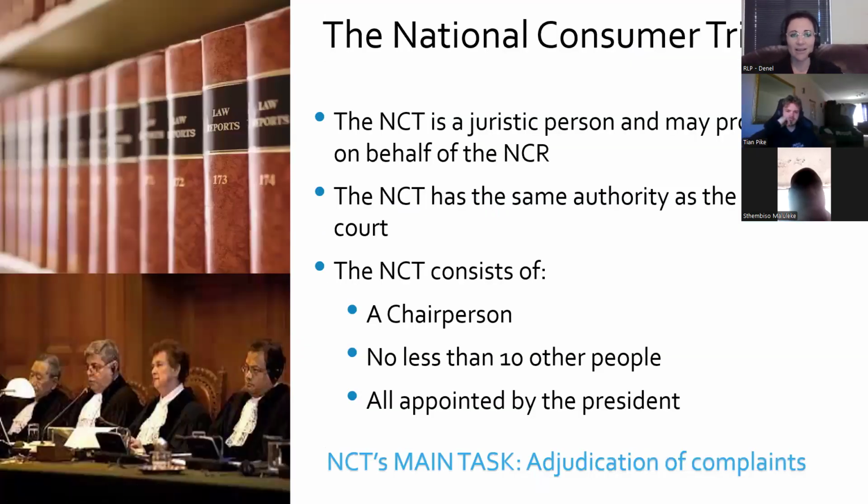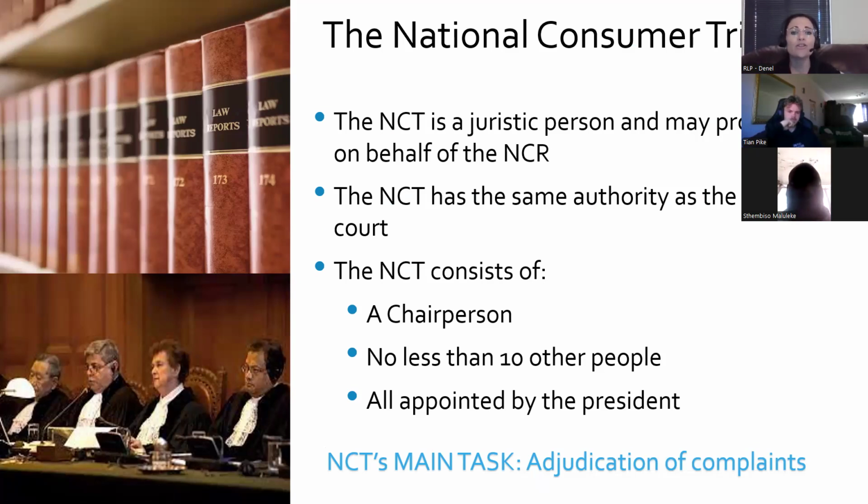So you guys heard about the NCT. We said earlier on that if someone breaks the law, it's reported to the policeman, the NCR, and then the NCR investigates. And if they see there's actually truth to the allegations, they will report it to the court, which will be the National Consumer Tribunal.